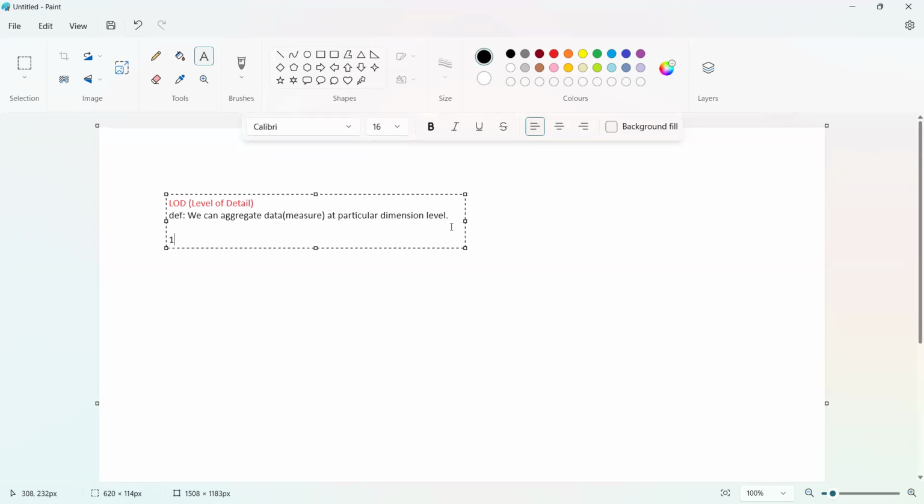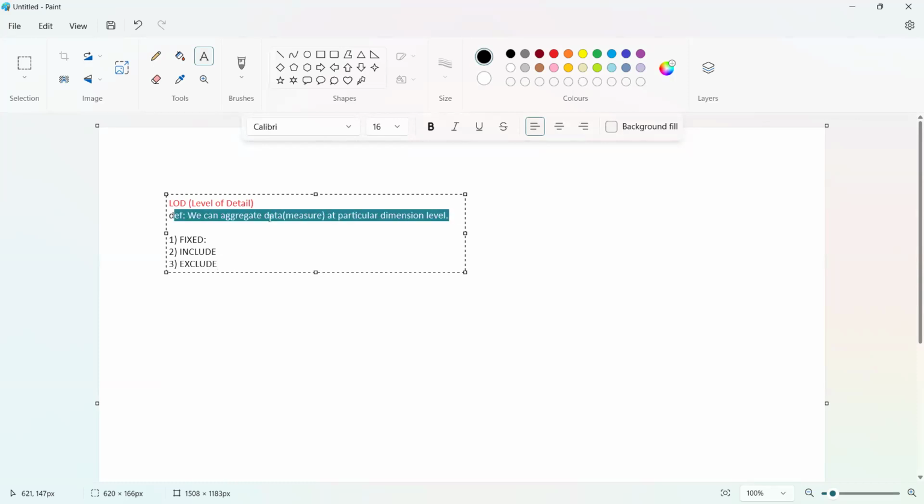In LODs, three types are there: fixed LODs, include LODs, and exclude LODs. As per the definition, we can aggregate the data at particular dimension levels using these LOD expressions.